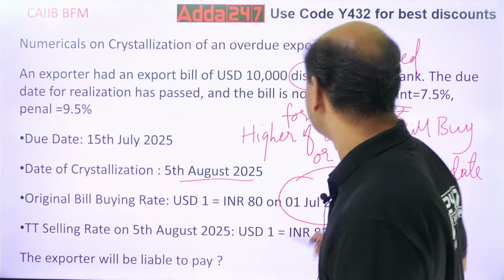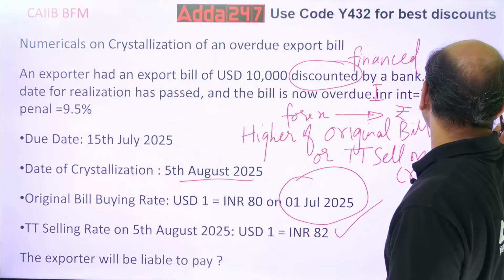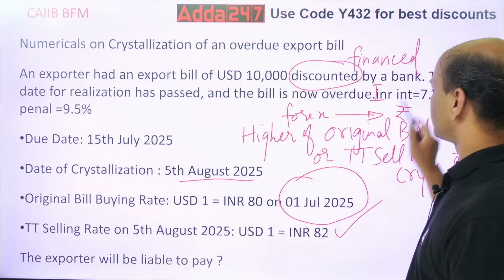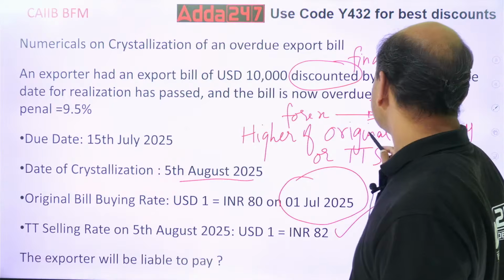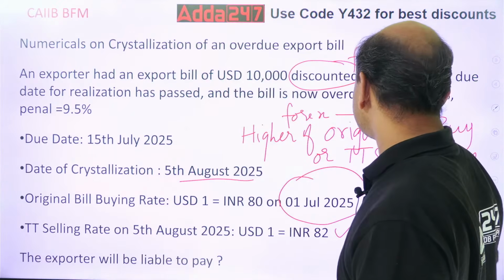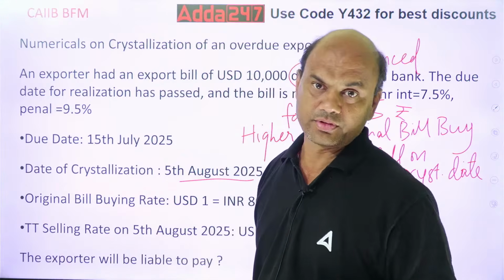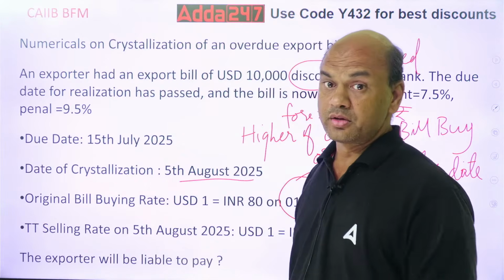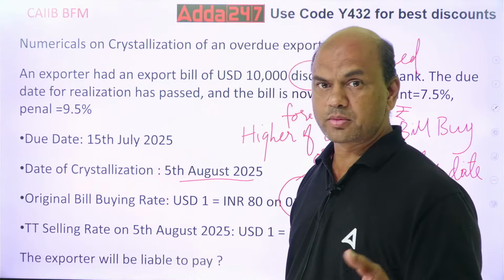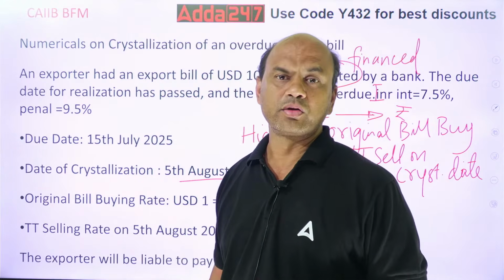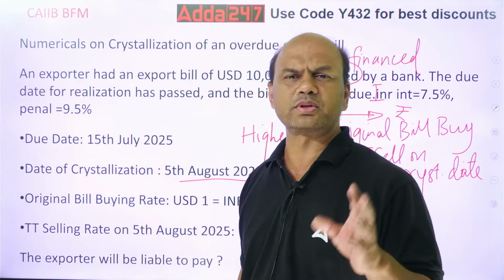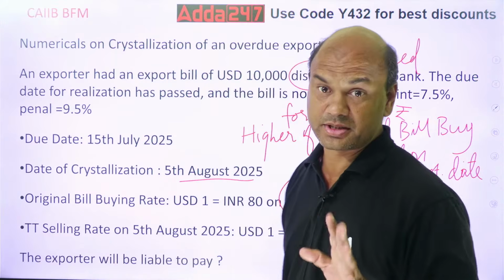You must first understand the rate very properly. Higher of original bill buying rate or TT selling rate on the crystallization date, whichever is higher. Clear? Tomorrow in the paper, you will see almost 2 to 3 questions on crystallization, compulsory.